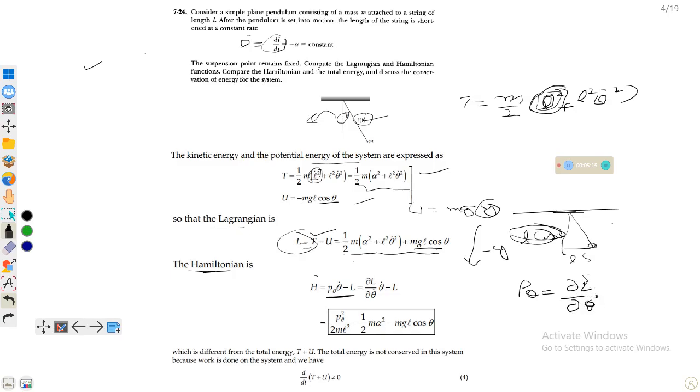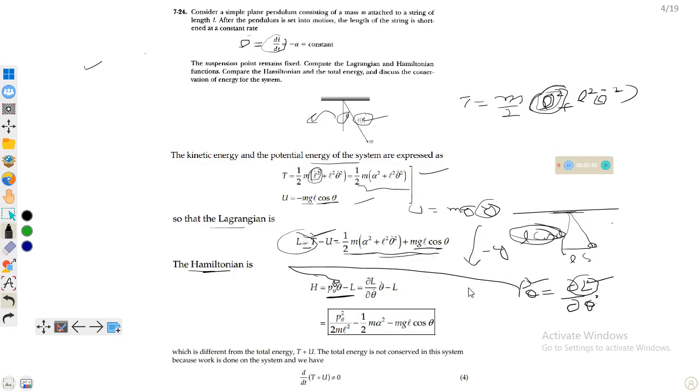So if we take the derivative of the Lagrangian with respect to theta dot, this will give the value of P theta, and we will then plug this value back into this equation, and manipulating this will give the Hamiltonian of this system.